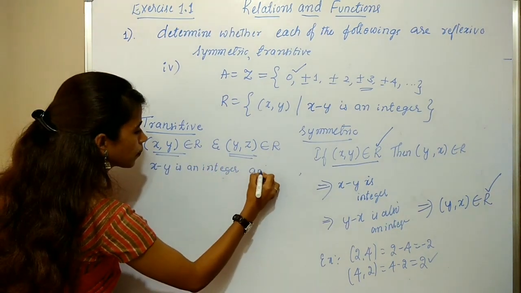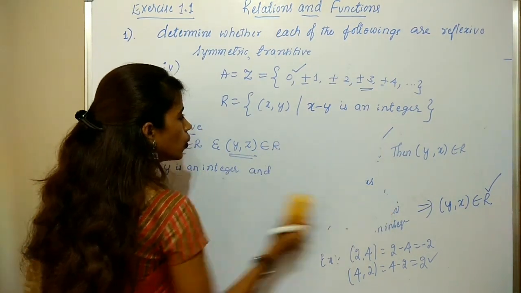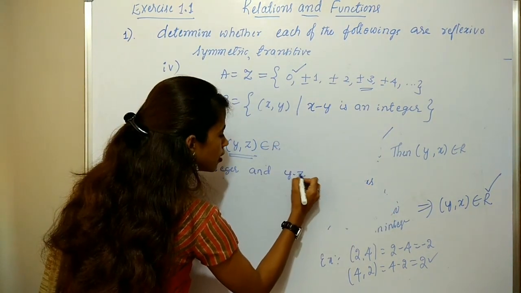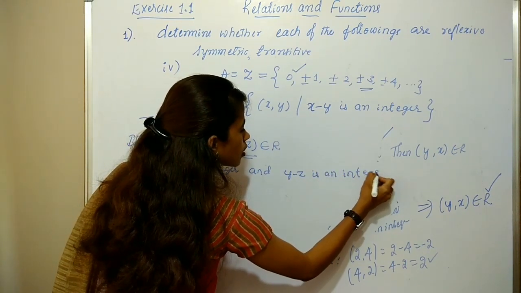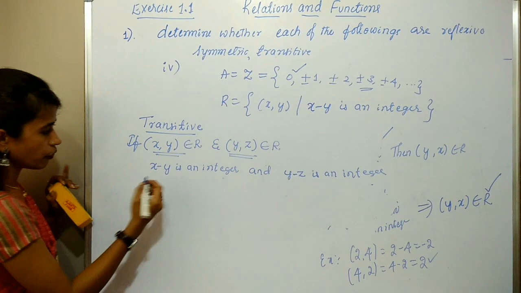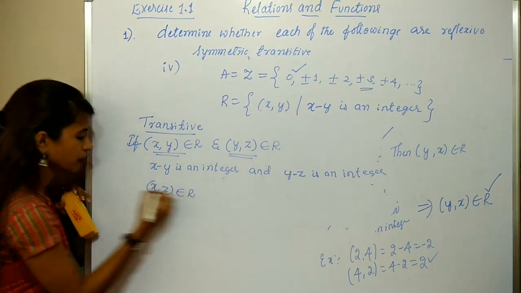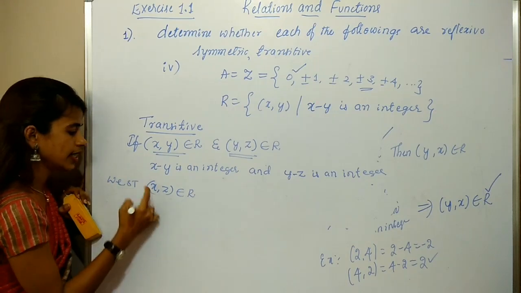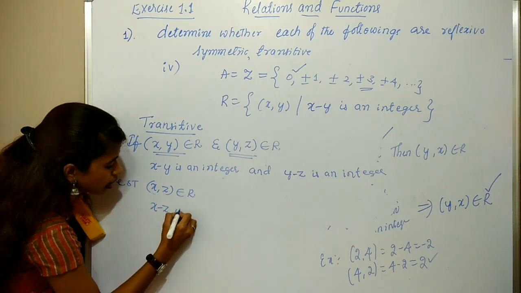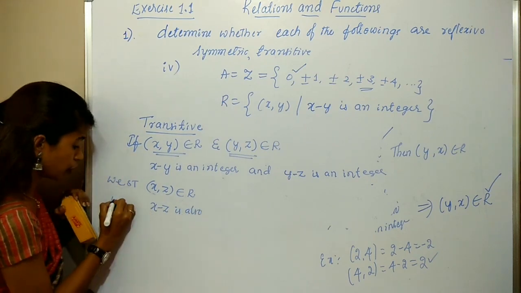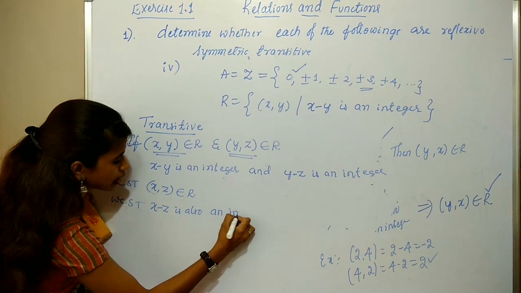And (y, z) belongs to R means y minus z is an integer. We show that (x, z) also belongs to R, which means x minus z is also an integer.